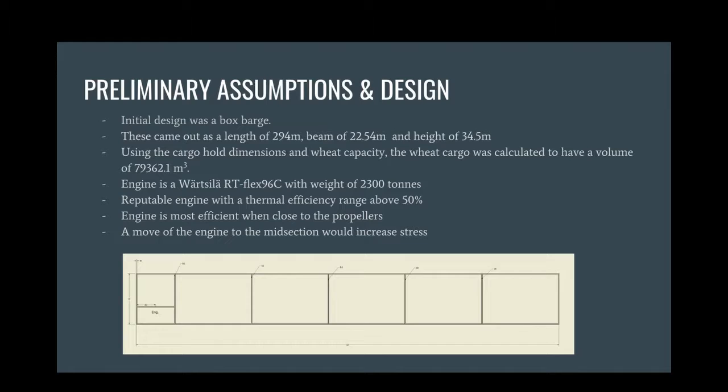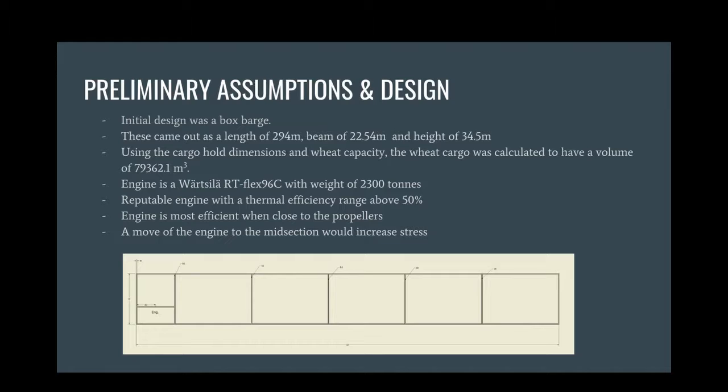So we had to make some preliminary assumptions in our initial design. The initial design was a box barge, as you can see in the CAD drawing below. Using the cargo hold dimensions and the wheat capacity, the wheat cargo was calculated to have a volume of 79,362.1 meters cubed.